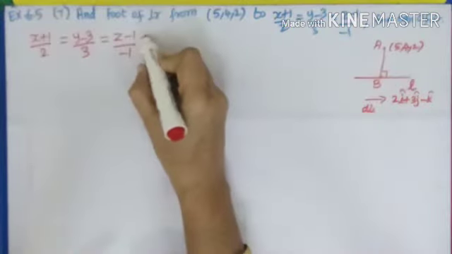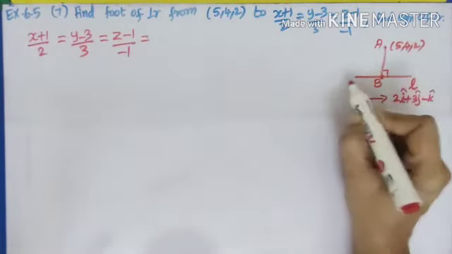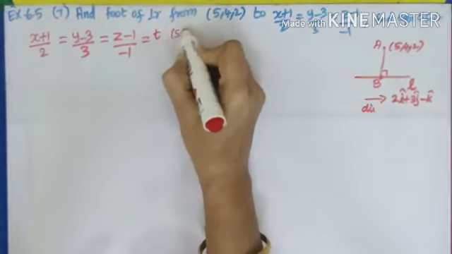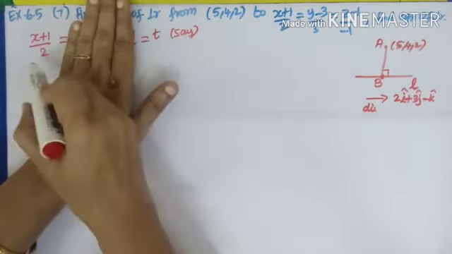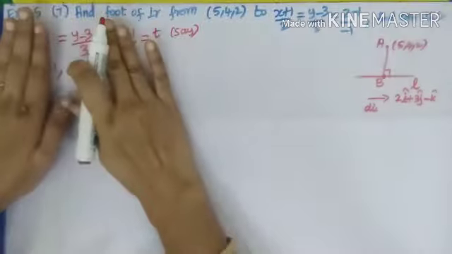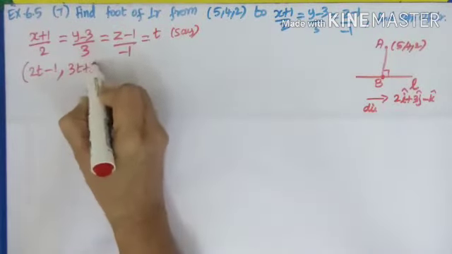So I can proceed. To find B, where is B? On the line. Any point on the line, call it as t and find out. Remember, hide y and z: 2t minus 1. So any point is 2t minus 1. Hide x and z: 3t plus 3.